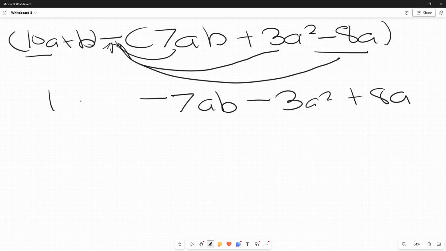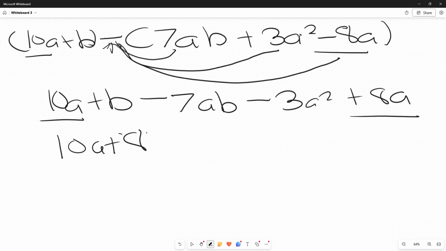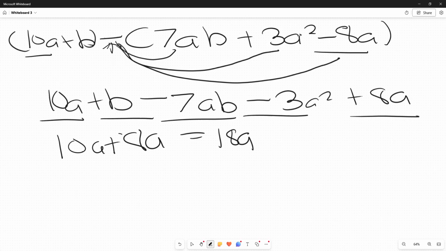And yeah, we can basically add all of this. So 10a plus 8a, that would be 18a. And since there are no more similar terms here, let's just leave it as it is.